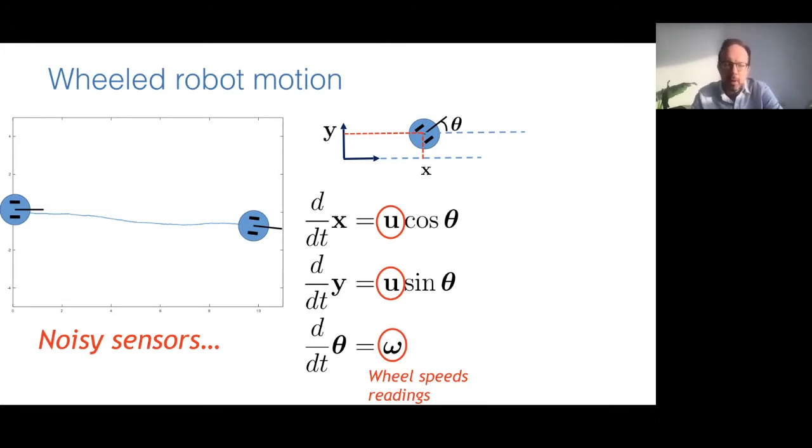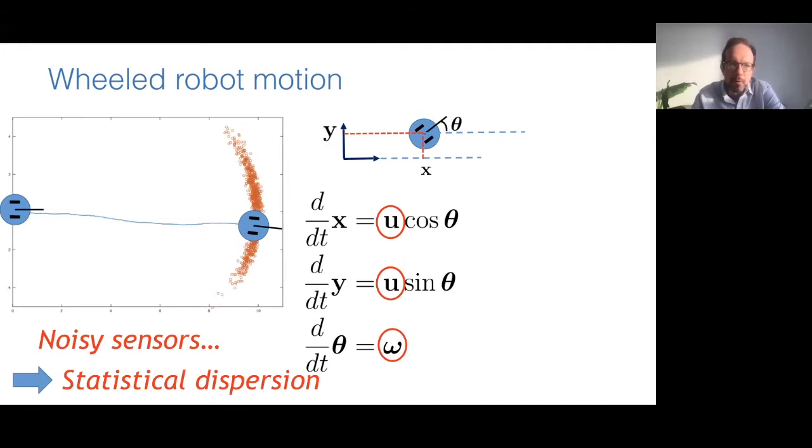If we perform this experiment many times, this is the kind of thing that we obtain. We obtain a dispersion of the endpoint as a result of the noise in the sensors.